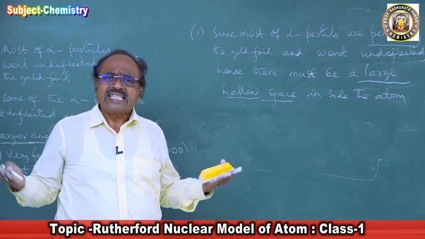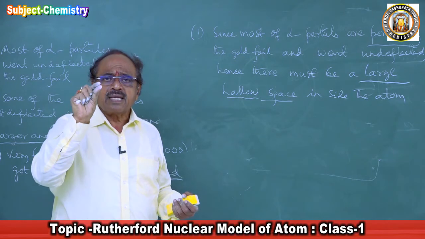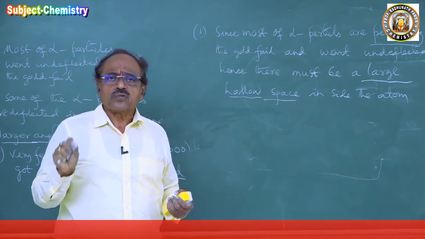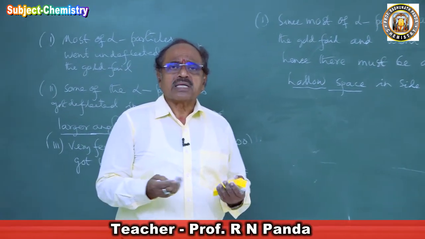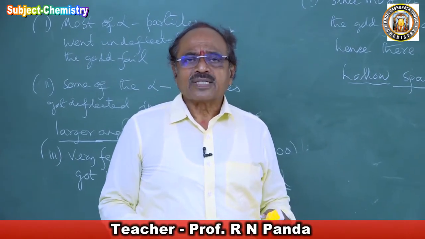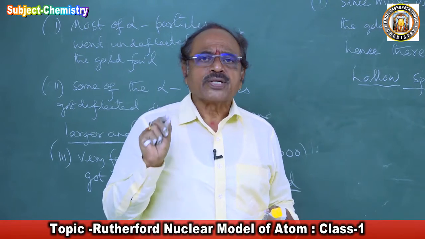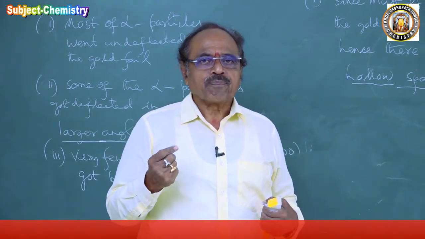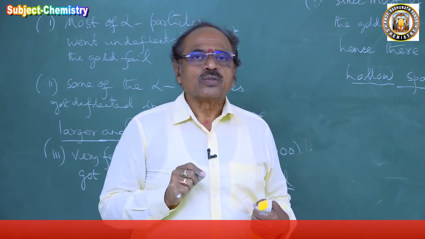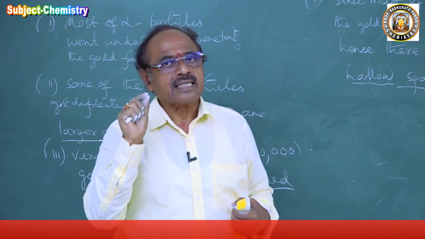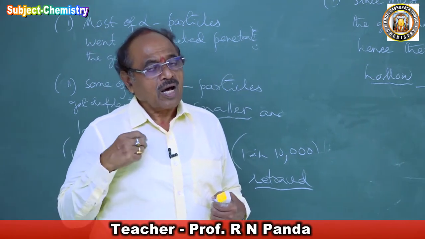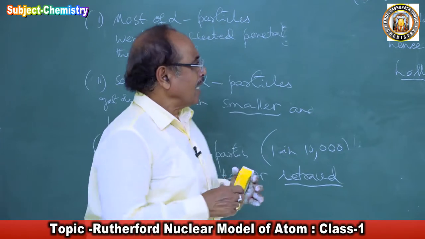He went on beating it and prepared a thin 400 angstrom unit foil, 0.0004 centimeter thickness. Then what will happen? There is no interatomic space. If at all they are penetrating, they must be penetrating the gold atom. That confirmed to him that there must be a large hollow space inside the atom.